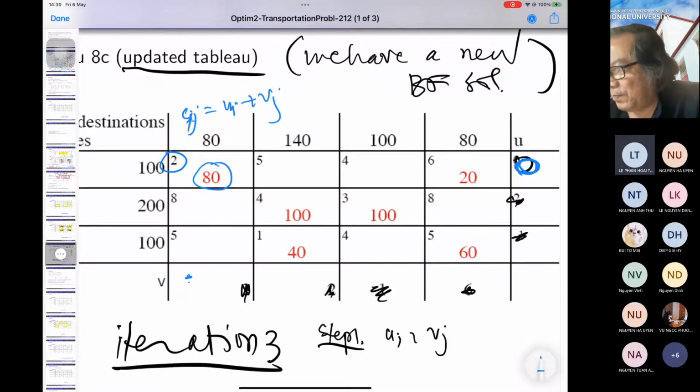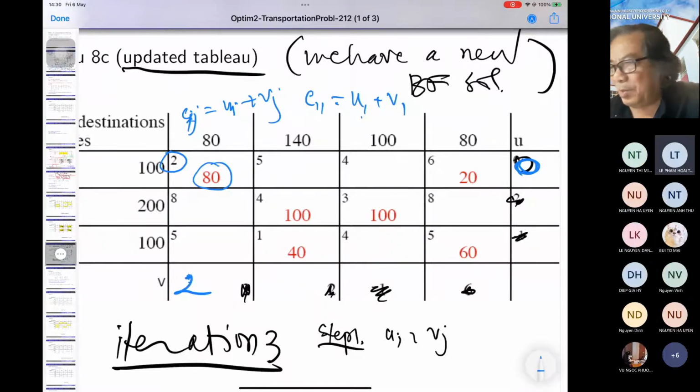So here C11 equals U1 plus V1, and U1 is 0. So V1 is 2. Then we find out which next cell we have to go to. Cell 3, 1, 4. We come to this, and then we have 6. It should be 6.